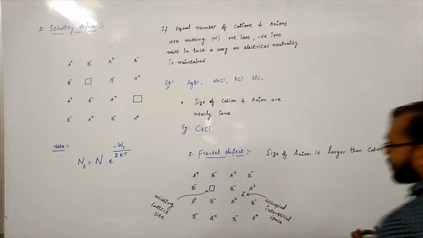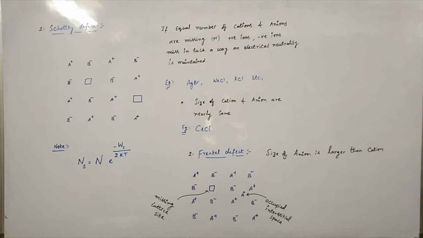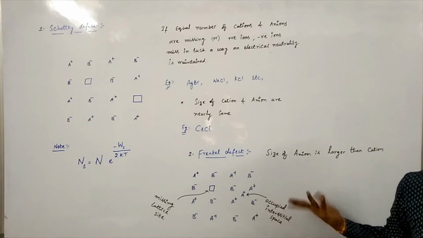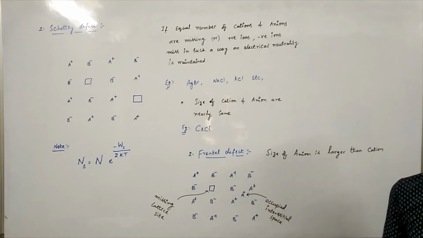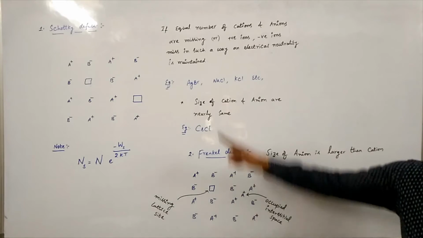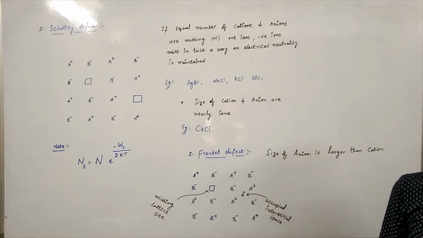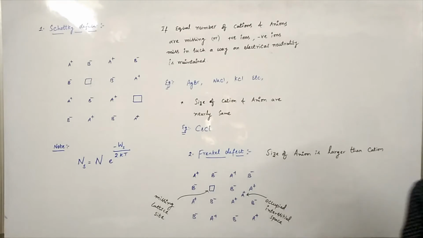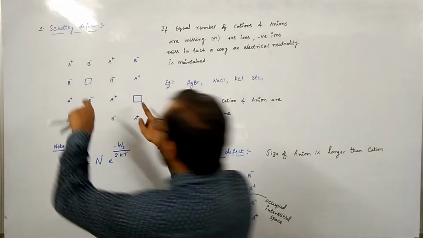Now see this. Overall, what is the overall charge of the crystal? Neutral. What about density of the crystal? As the number of Schottky defects increases, density decreases. Reason? Weight decreasing, na? Yes.